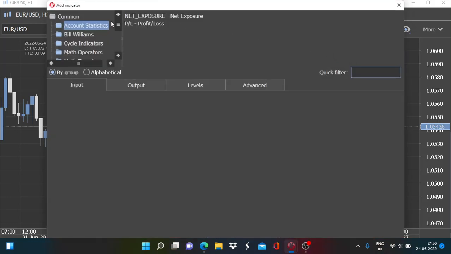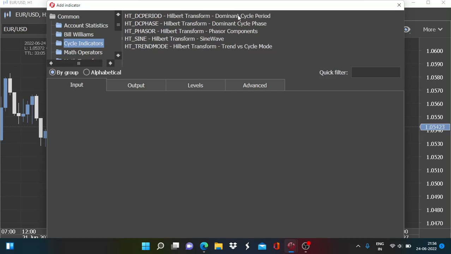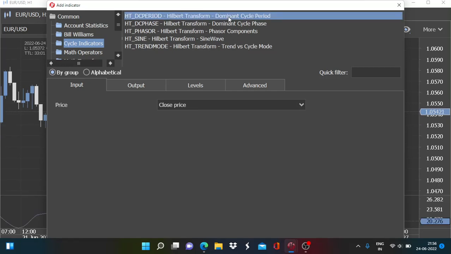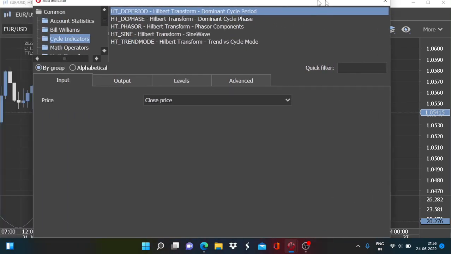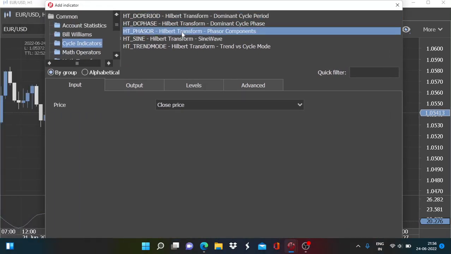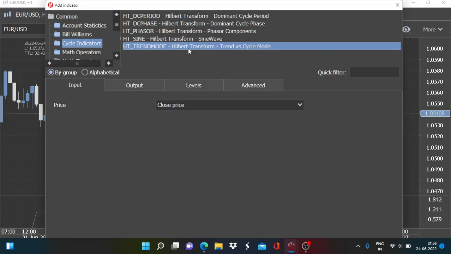So here we get all kinds of options. Bill Williams, cycle indicators. We have the Hilbert transform dominant cycle. So we get waves, we get phases plotted on this chart, as you can notice on the lower side. So we have all these options provided to us to look at the trend and where to look for the entry.